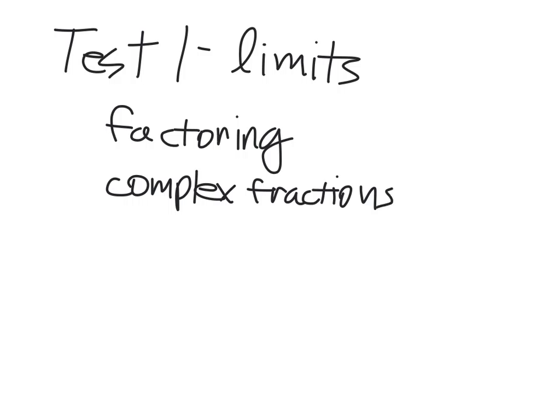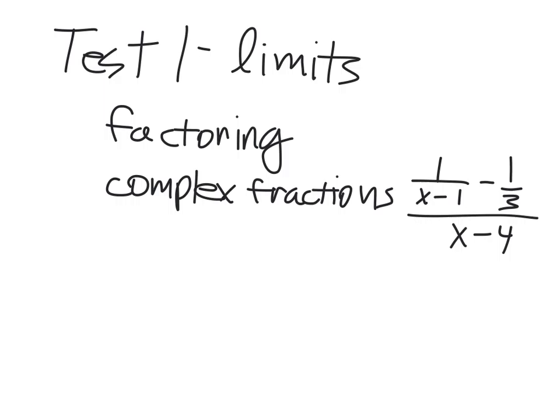One in particular, number 2 on the test, to remind you what complex fractions are. This, and then as x approaches 4, well, we'd have 1/3 minus 1/3 in the numerator, 4 minus 4 in the denominator, so 0 over 0.